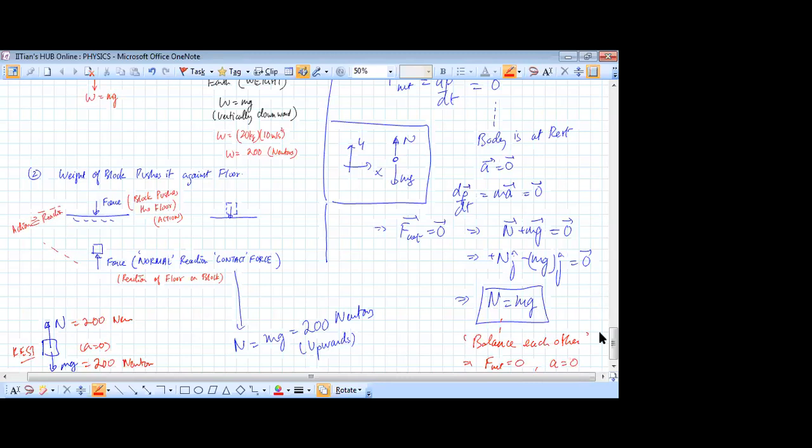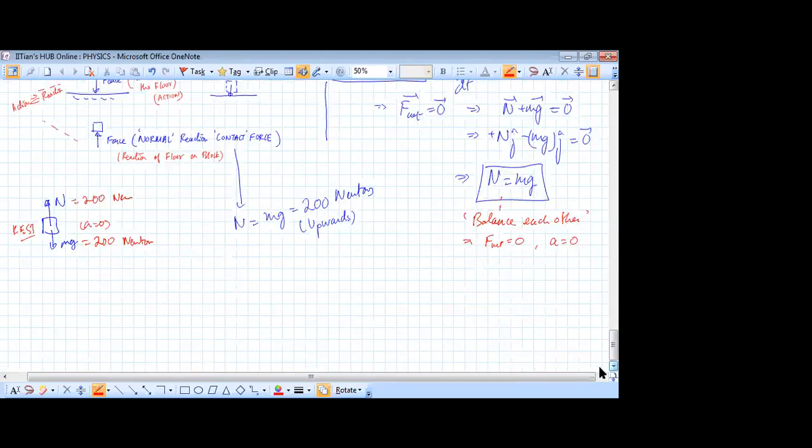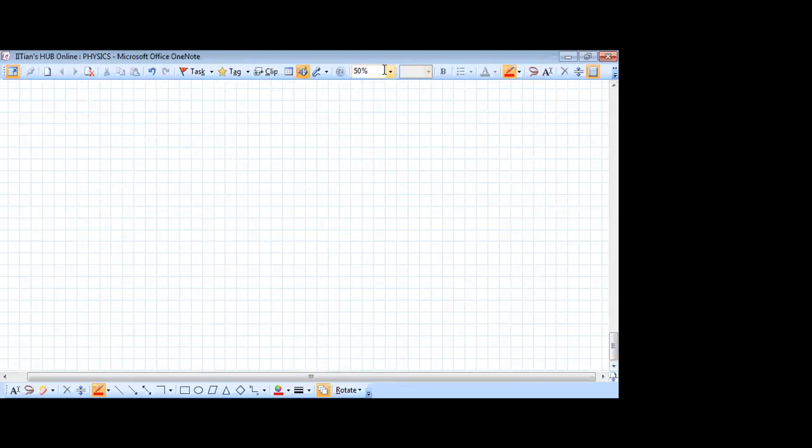No, Vaishnavi, n is equal to mg is not because of action reaction. Again, see, you're confusing. mg and N are not an action reaction pair. See what is happening. Normal reaction as a force, who is applying it and who is experiencing it?